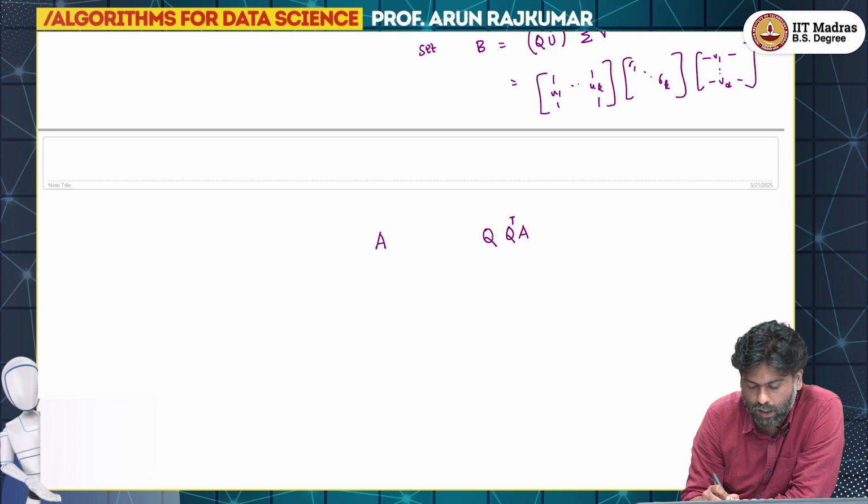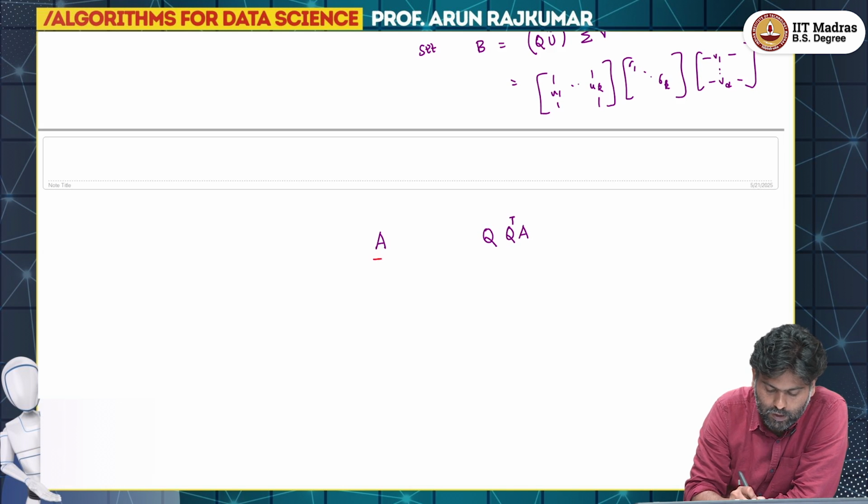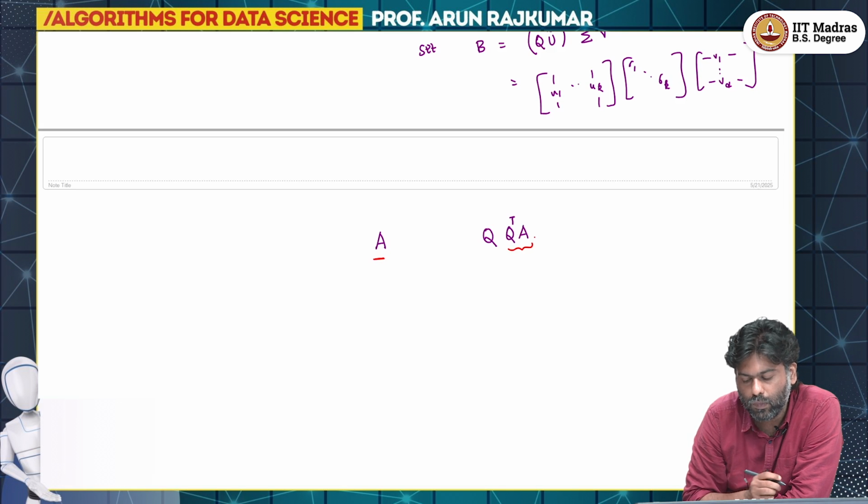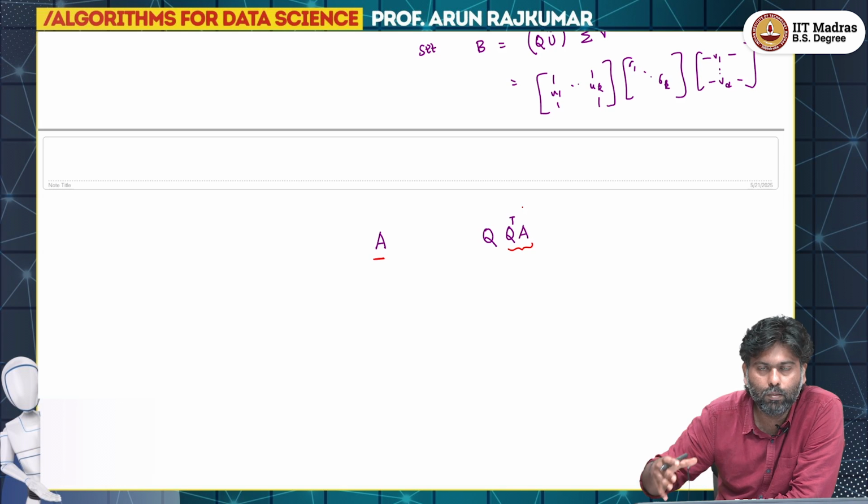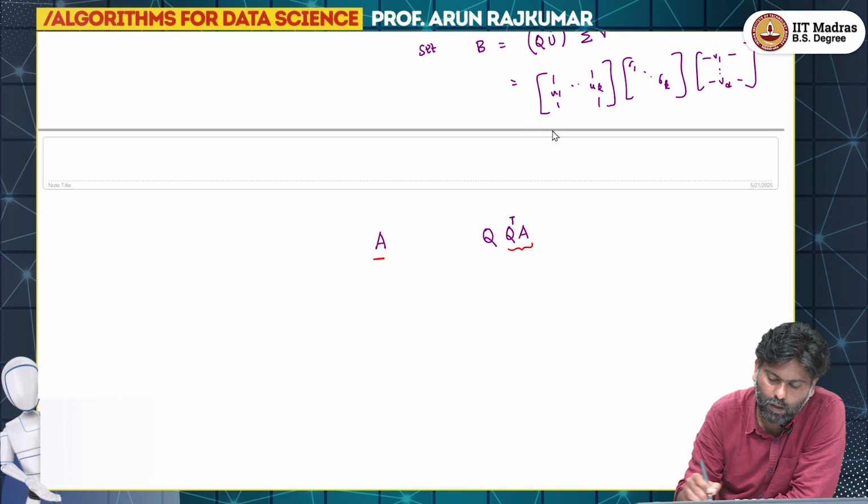The advantage is that instead of doing SVD of A, we did the SVD of Q transpose A, and so you got sigmas, you got V's, and now if you want the best rank K approximation, you pre-multiply by Q.